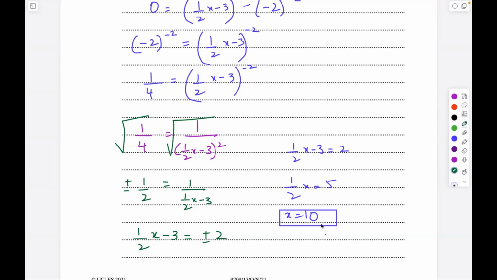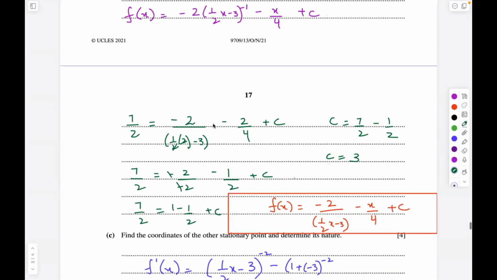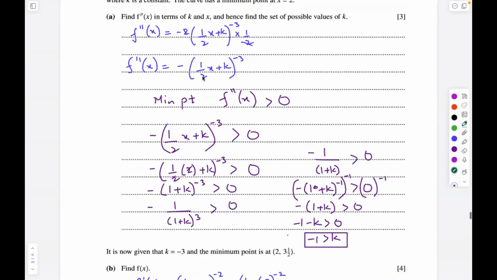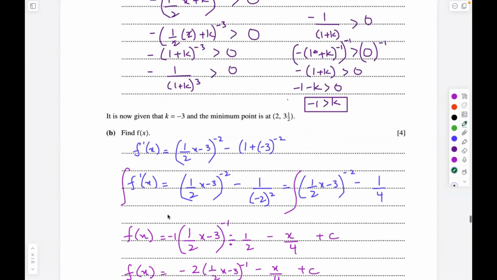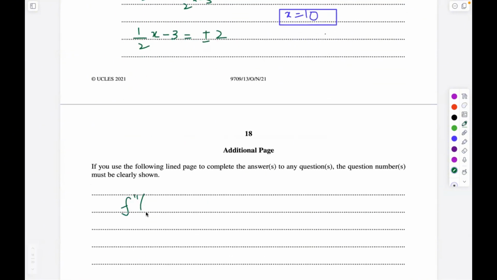Now once we have this other coordinate, to find the nature, we'll substitute it into the double derivative expression. The double derivative expression was minus half x plus k to the power minus 3, where k is minus 3.